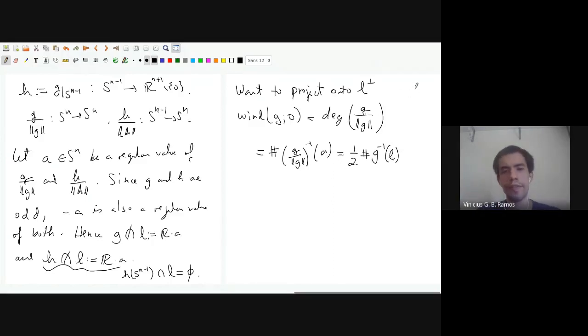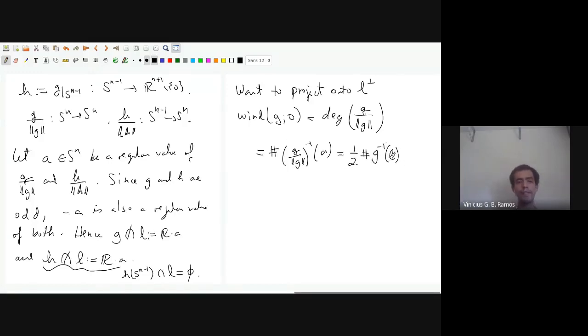It's straightforward from the definition that if you are in the pre-image of L by G, then the image of the point goes either to a positive multiple of A or to a negative multiple of A. This all makes sense because of dimension.